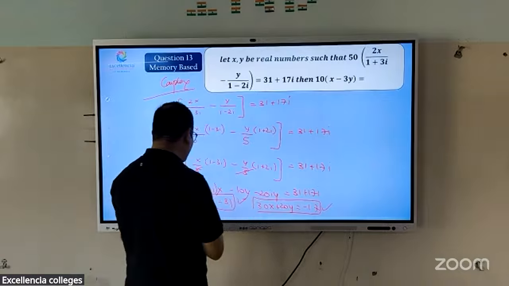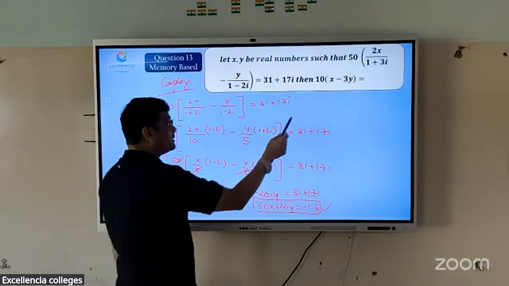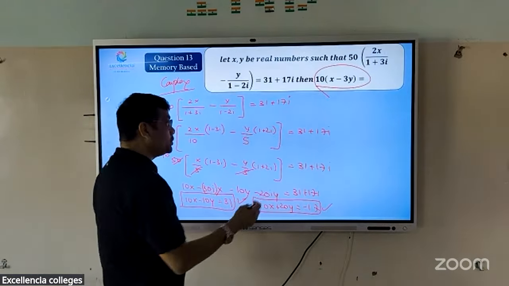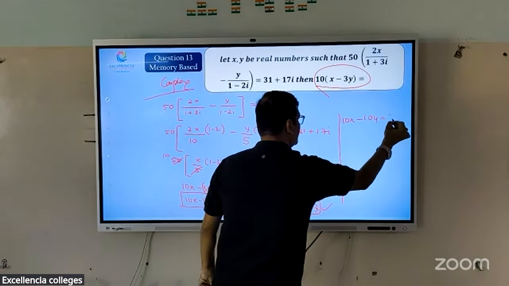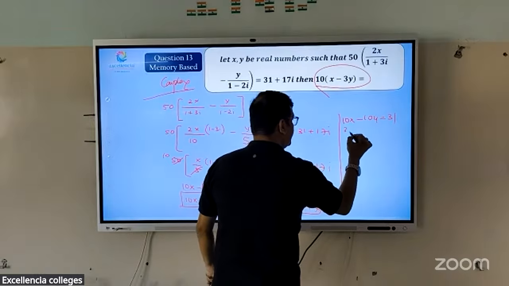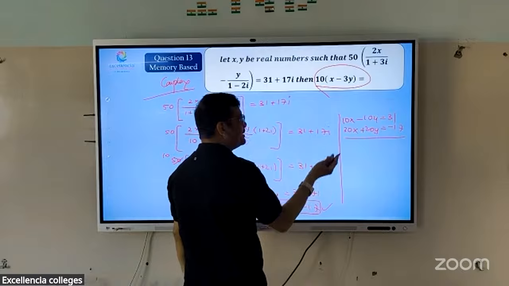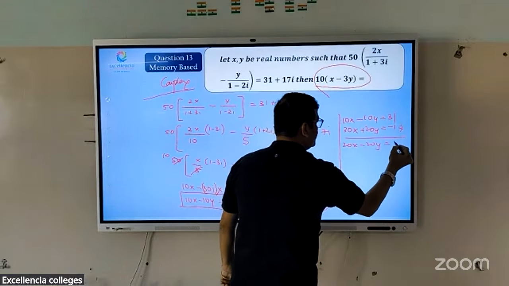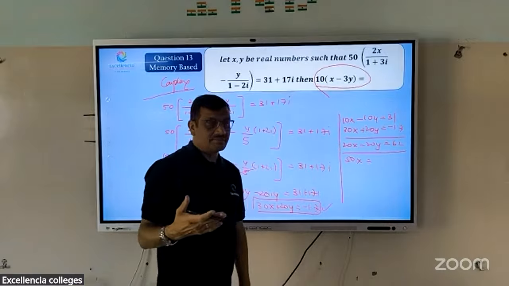Multiply the second by 2. So 20x minus 20y is one equation, and adding gives 50x is equal to 1. Right? So validate.